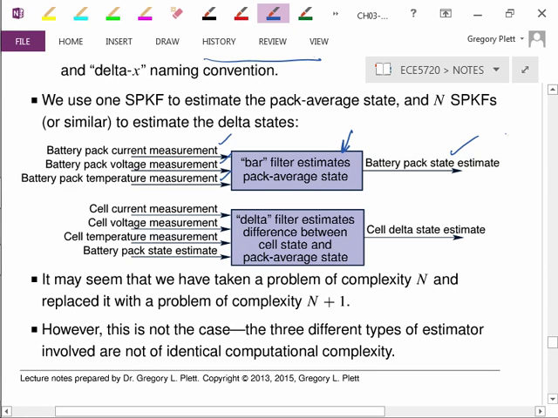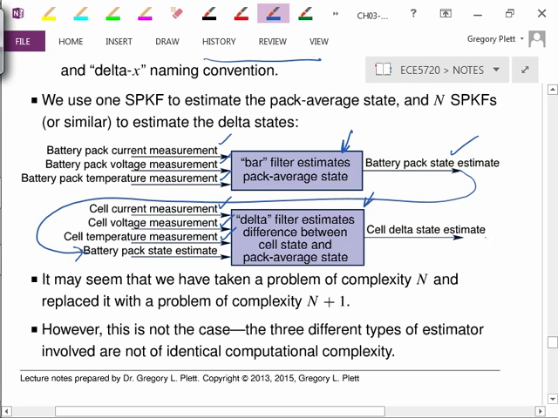Then I have n of these other filters that are the delta filters. And in these delta filters, I get cell current measurements, which is the same probably, at least in a series string, as a battery pack current measurement. But now I get cell voltage measurements, I get cell temperature measurements perhaps, and I get this overall battery pack state estimate as part of the input to the delta filter.